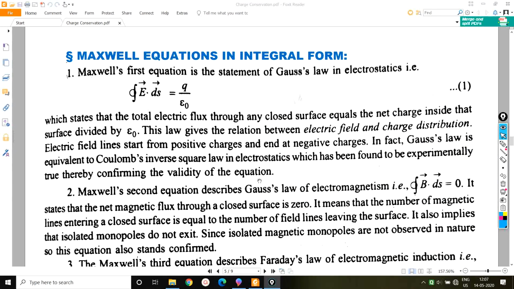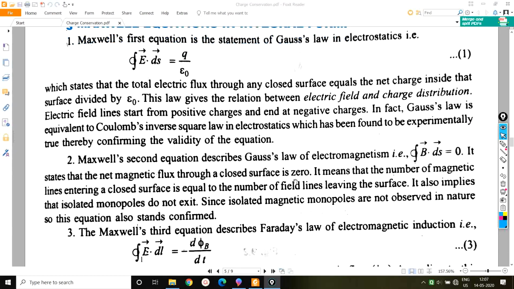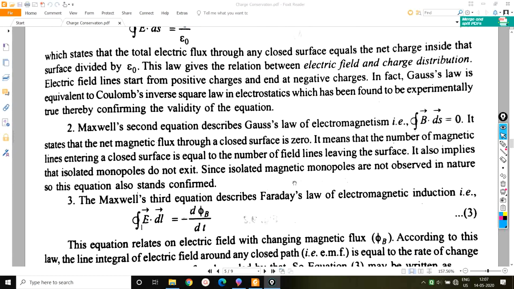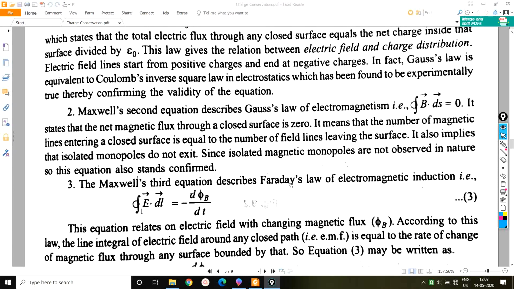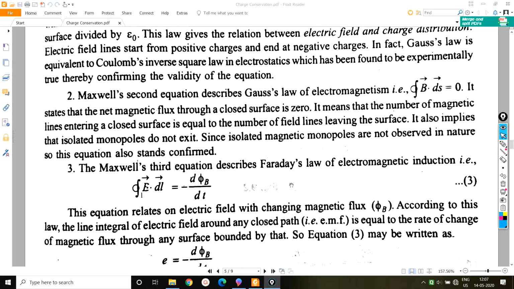So we'll move on to the third equation. The third equation is simply Faraday's law of electromagnetic induction. You know Faraday's law of electromagnetic induction.